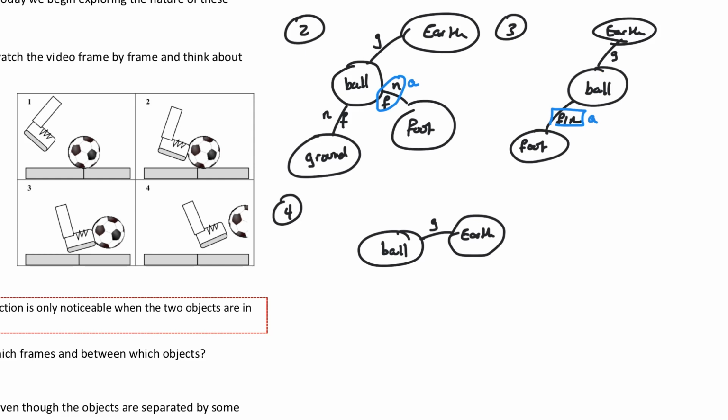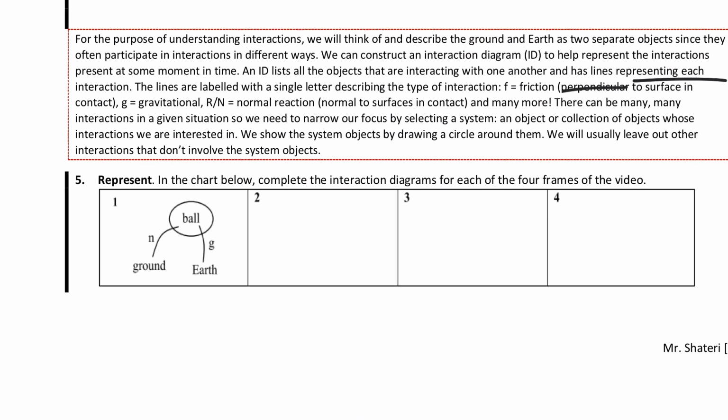And on the fourth frame, there's only one force acting on our object, and that's our gravitational force. And our next step will be to combine all of these and draw the directions in which these forces act on our system. Let's go do that.